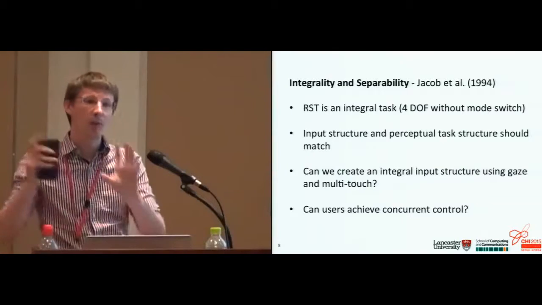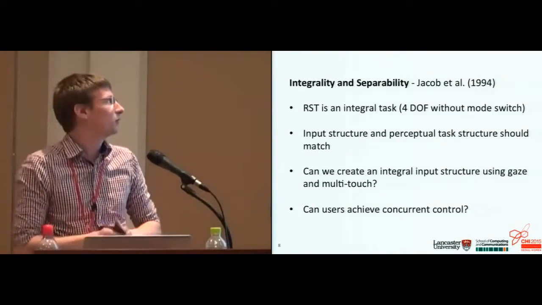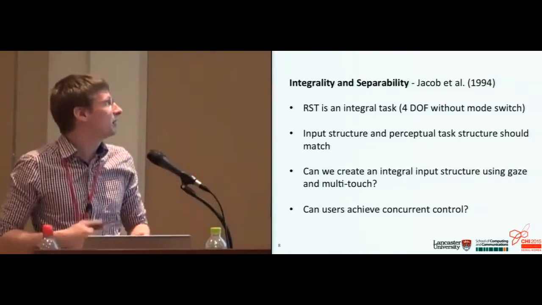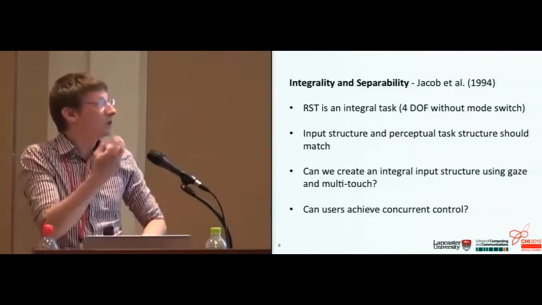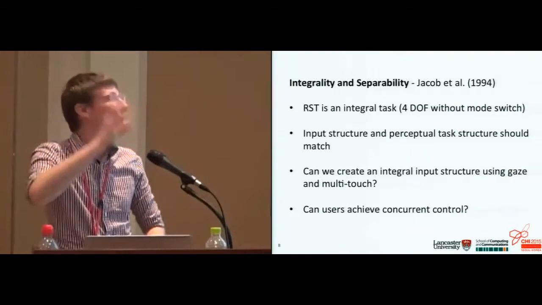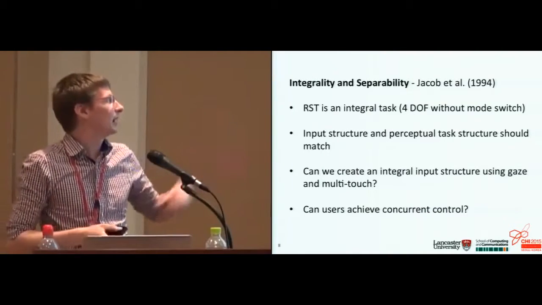But we thought about how we might be able to combine gaze and these touch translations in such a fluid way. If we think about Jacob's work from 1994, what he said was that if we want fluid and integral interaction, we need to have an input structure and a perceptual structure that match the task.